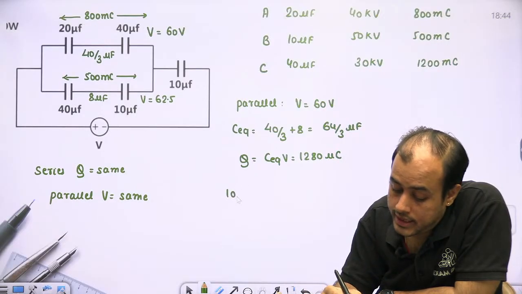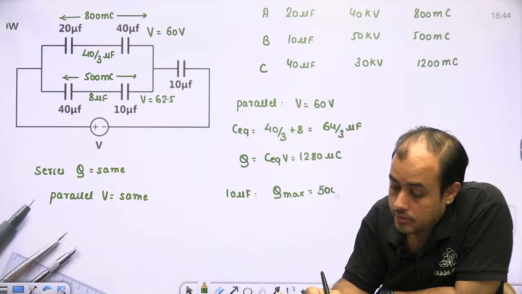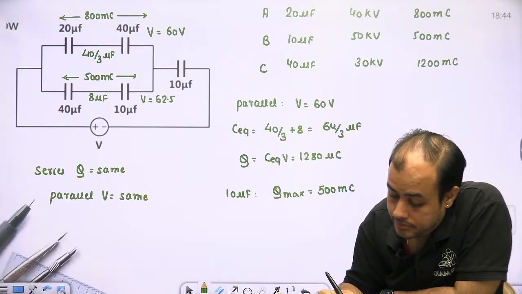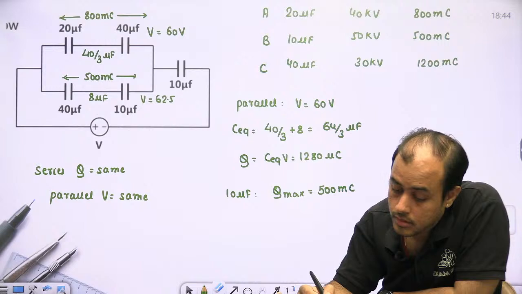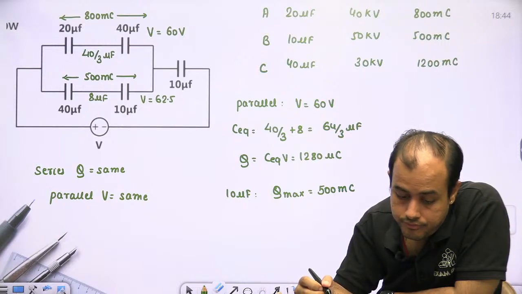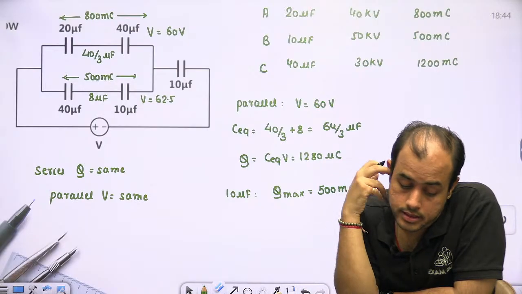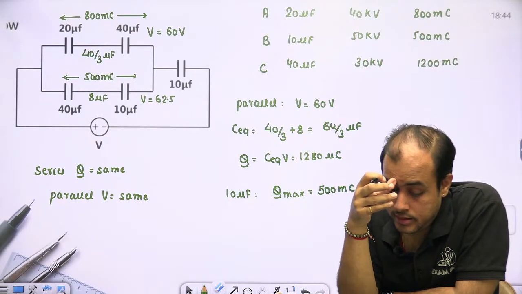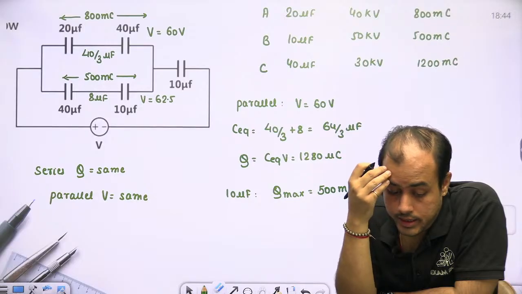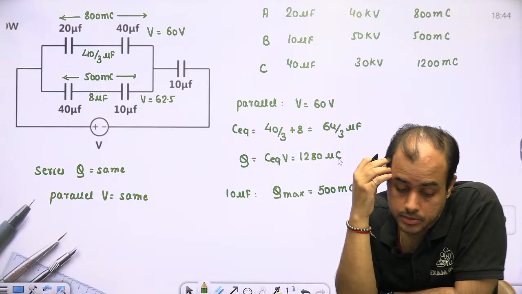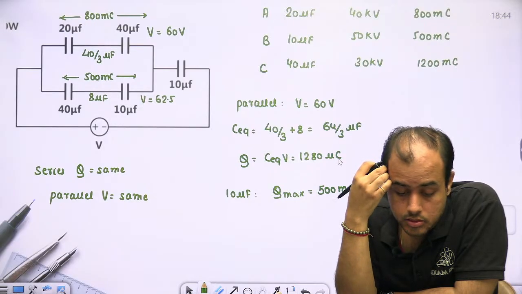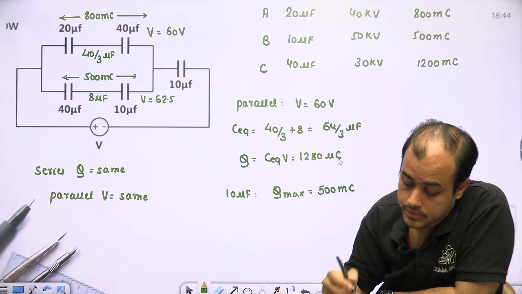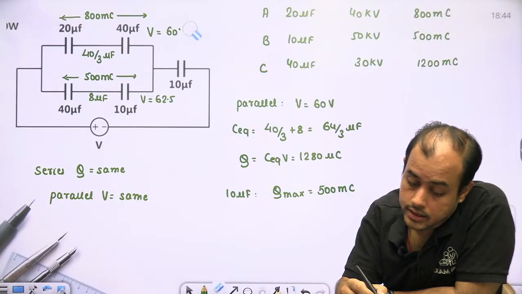Now for 10 microfarad, which is in series, 800 milli, 500 milli. So 800 milli by 40 by 3, 20, 60 kV will come.